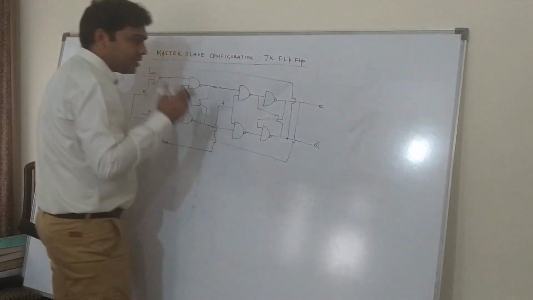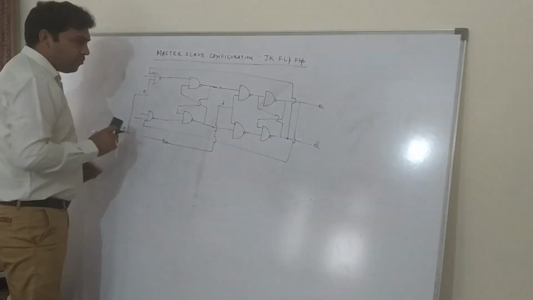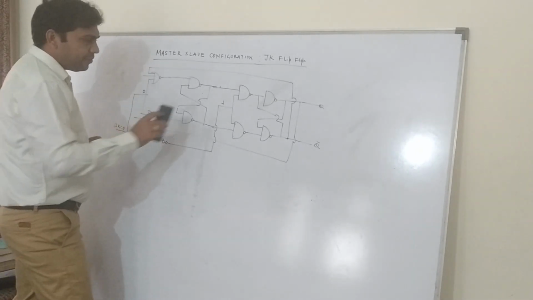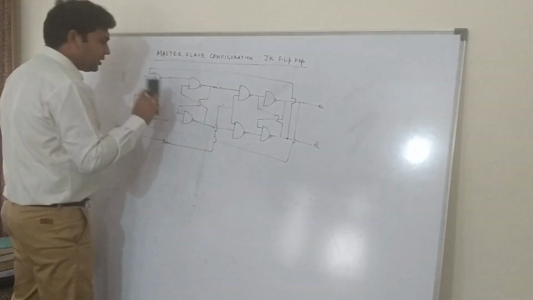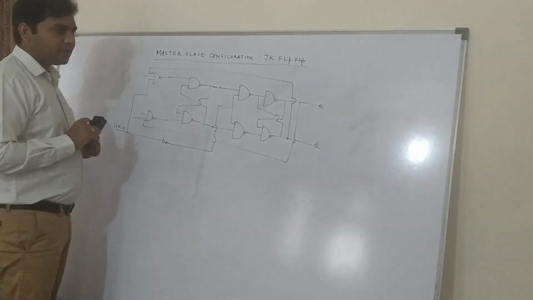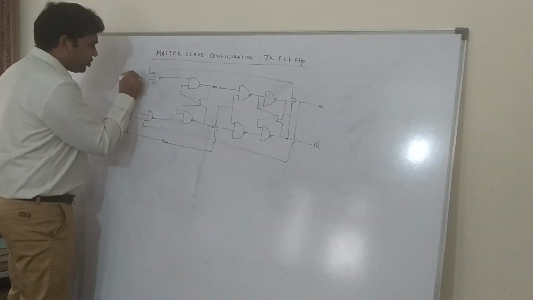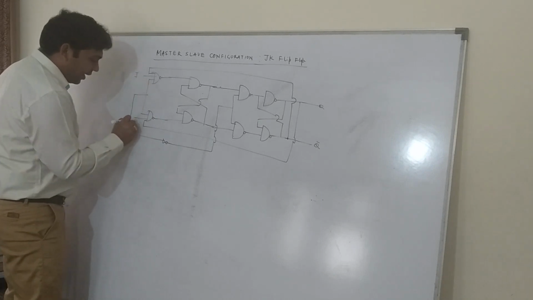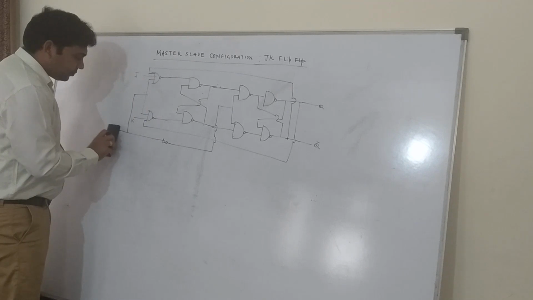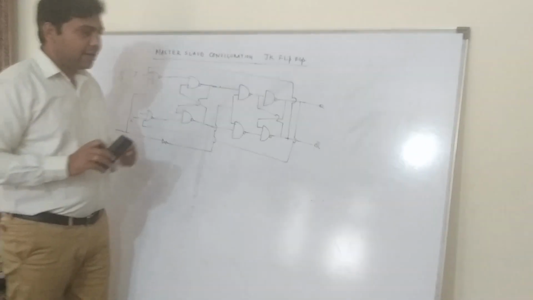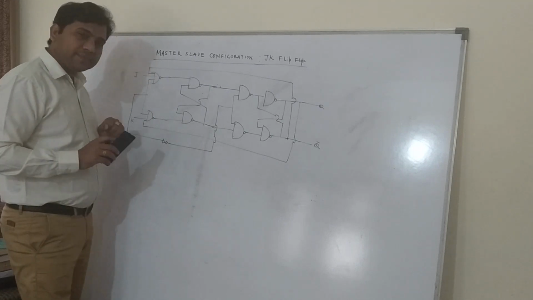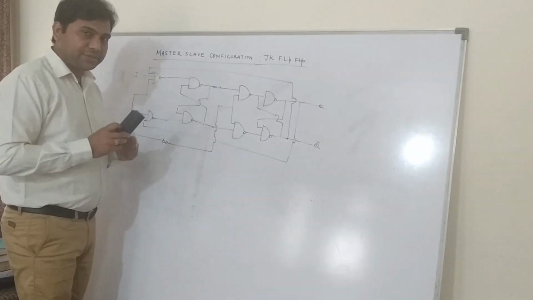Okay, let's understand the circuit one by one. So let's understand the case of 1 1 1, meaning let's say this is J, this is K, and the clock is 1. In the earlier circuit, when the clock was 1, J was 1, K was 1, there was a racing condition.